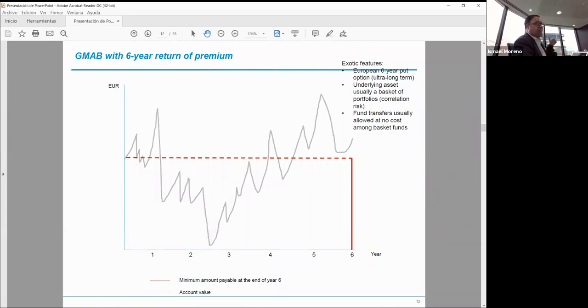But if the stock market had plummeted the year before my retirement, for instance, then I wouldn't be affected by it. I would get at least the red line. So that's the risk that I would get covered with a GMAB. I'd mitigate the risk, as an investor, as a saver, of the stock market plummeting on the day of my retirement or on the day before my retirement. That's the key risk.